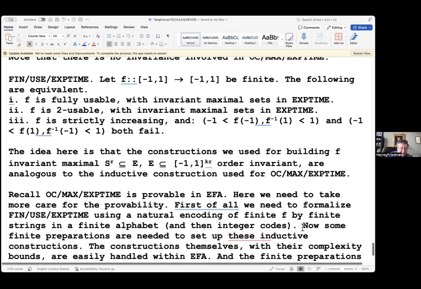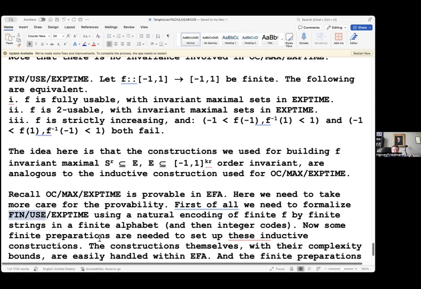Now, some finite preparations are needed to set up these inductive constructions. I told you that the inductive constructions are used in a couple of places in here.